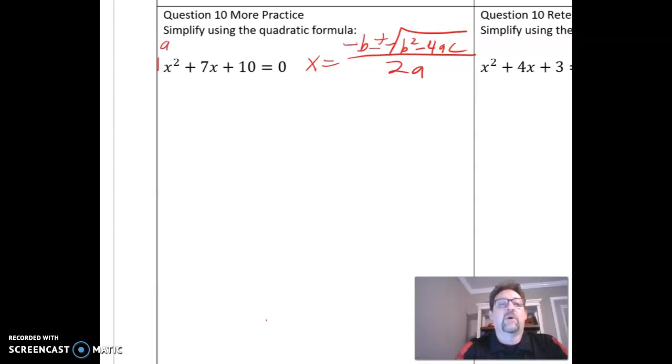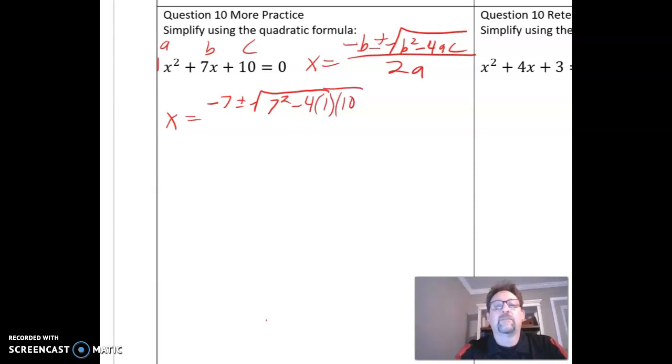So A is 1, B is 7, C is 10. So plugging it in, we get negative 7 plus and minus the square root of 7 squared minus 4 times 1 times 10, all over 2 times 1.